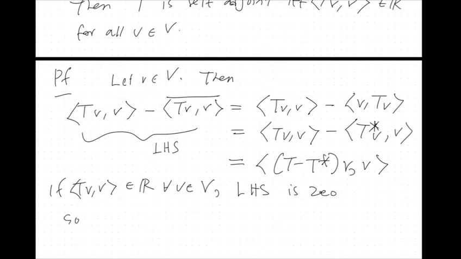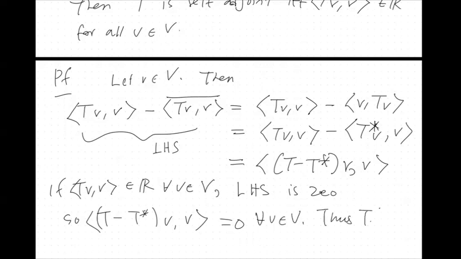So (T minus T star) V is 0 for every V in V. That means T minus T star is just 0. Hence, T here is equal to T star.